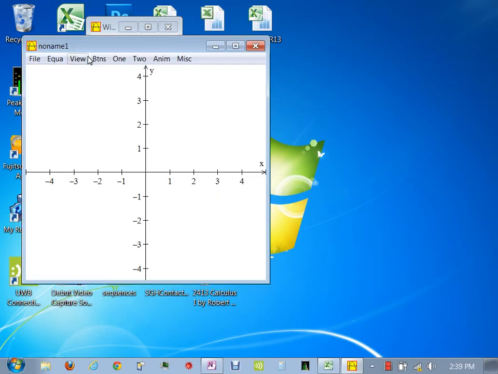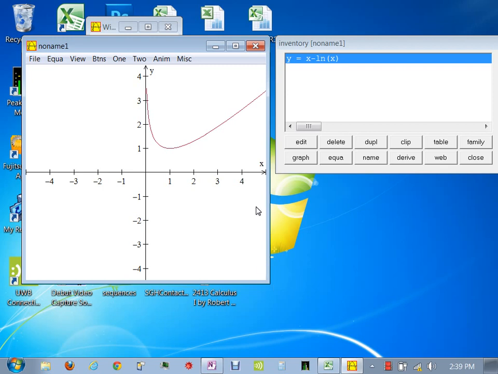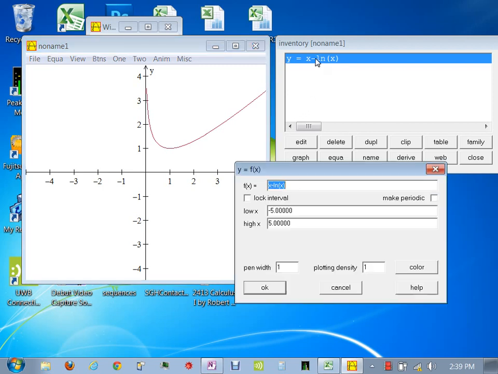See if I can get this piece of junk to work again. So is x minus natural log x? Here's that function. All right, there it is. But I was only looking at it between 1/2 and 2.